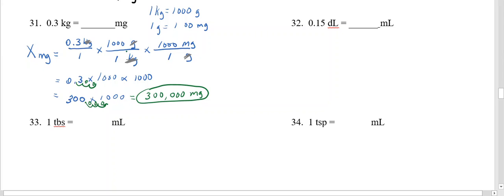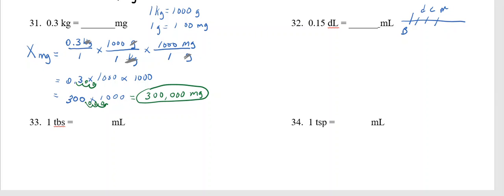Okay, let's look over here at 32. All right, so I'm going from a deciliter to a milliliter. Now, this one I'm going to kind of draw out our metric line. This is my base. This is my deci, my centi, and my milli.